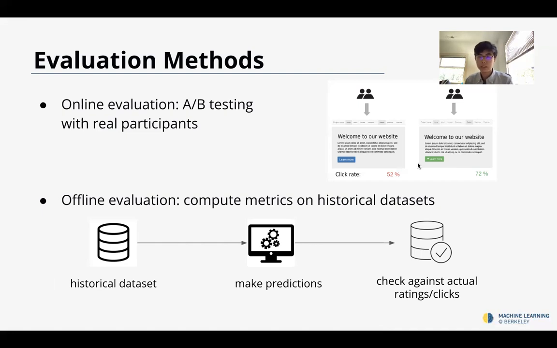Right, so A/B testing is definitely more robust to this sort of behavior, whereas historical data sets might be subject to these problems where it only captures the state of your system at a certain point in time.